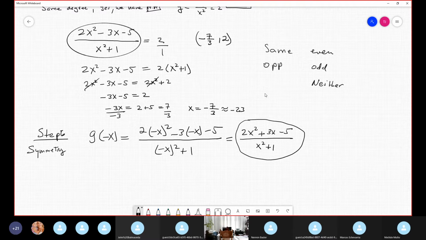Exactly. Therefore, unfortunately, the positive part and the negative part you have to do separately. It's not symmetric, unfortunately. Okay, so I define different additional points.